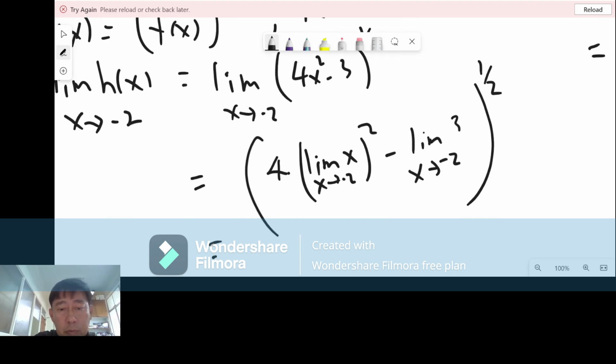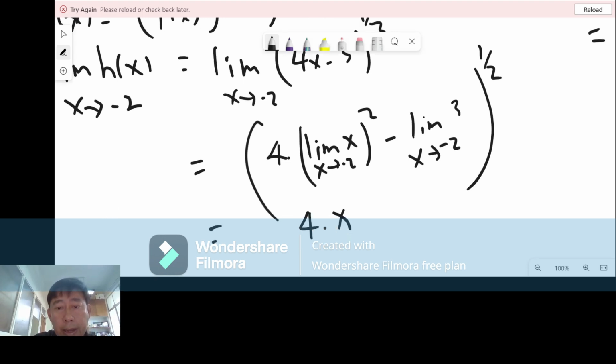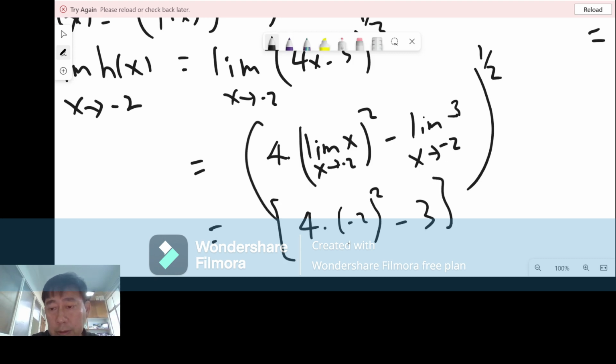The limit of x when x tends to minus 2 is just equal to minus 2, and then you have a square. Then you have minus the limit of 3 when x tends towards minus 2. This is a constant, so no matter what x tends towards, the limit of a constant is always that constant.